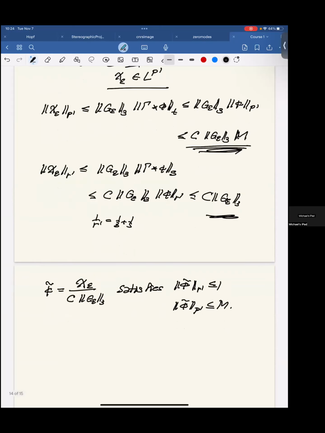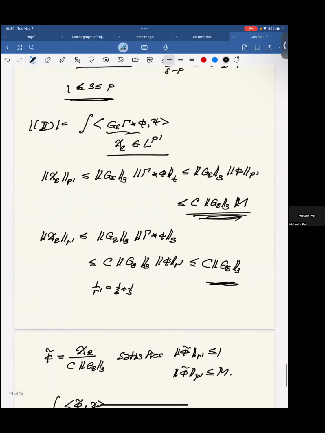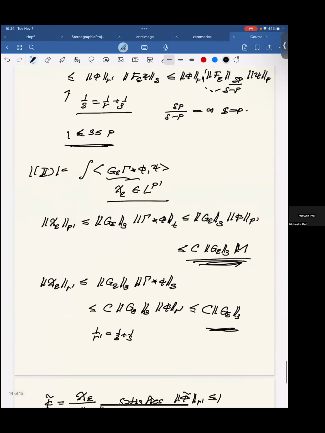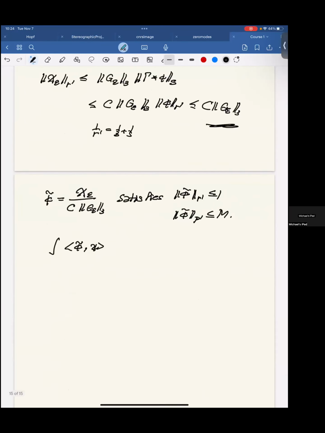So overall, what do we have then? We have the integral of phi twiddle psi, where I have just divided by this constant times the G epsilon 3, is therefore less or equals Sm.